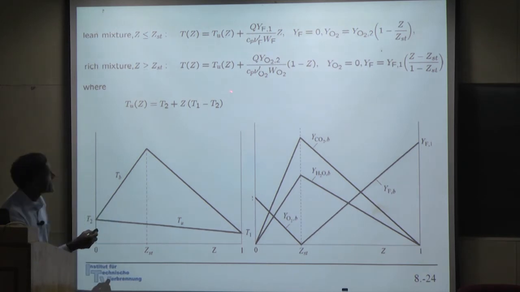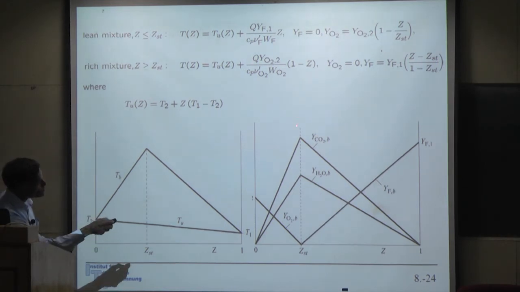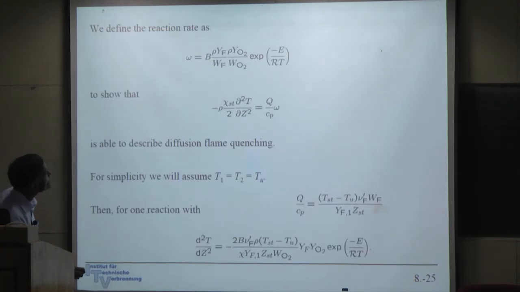So the next step is to try to look at, based on the previous quiz, try to analyze the structure of the reaction zone. So again, that's the reaction rate omega, for the one-step reaction written in that form.